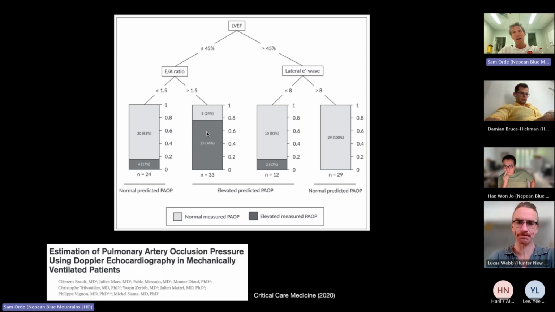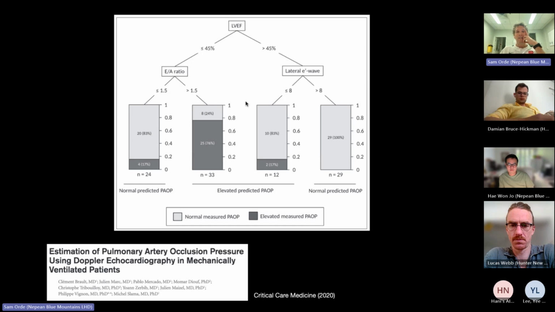On the flip side, if they had more normal ejection fraction, or greater than 45%, you just look at the E prime velocity, which is a really good marker of impaired diastolic filling. And that was pretty good at saying that you had a normal wedge pressure. If you've got an okay ejection fraction, a normal lateral E prime velocity with no mitral calcification, no regional wall motion abnormalities, no pacemakers, maybe that means that you've got normal left atrial pressure.